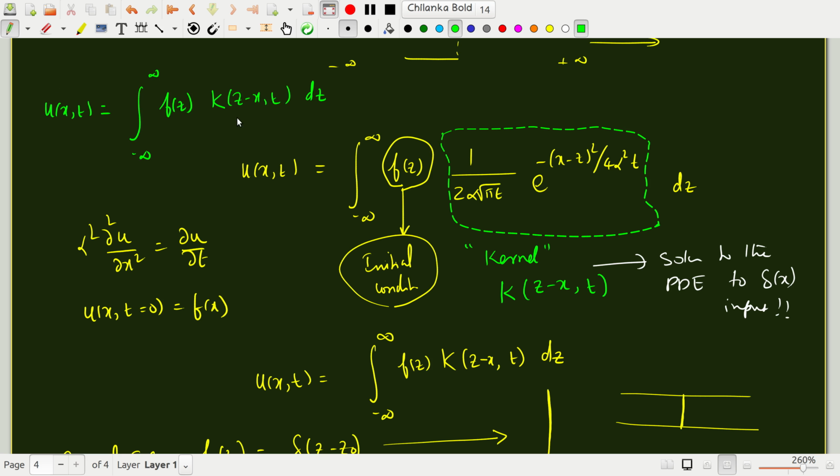This is the solution to delta function forcing. Now such a kernel is called the Green's function. So the Green's function is the solution to a differential equation, in this case to delta function forcing in the initial condition.